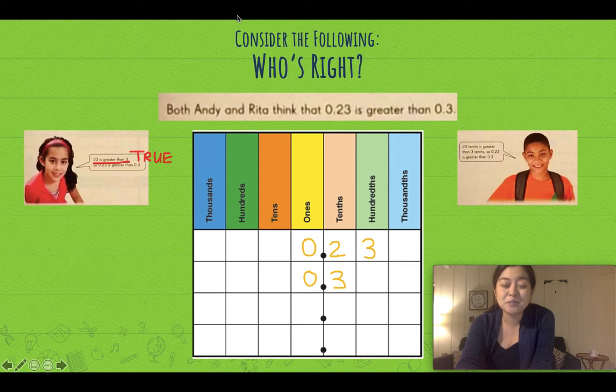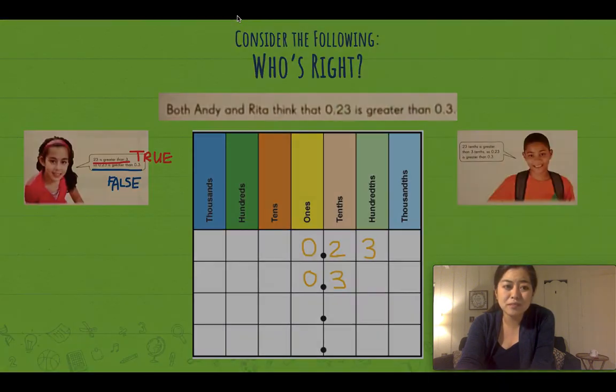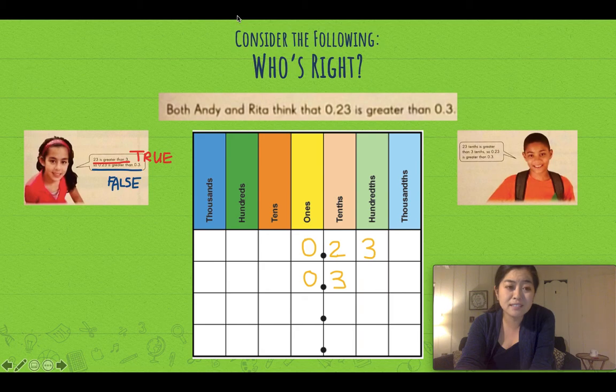Okay, that's true. But the second part of her sentence is false because when we examine the place value chart, we're going to look at the biggest place value, which is the ones, and it's the same number, so that won't help us.